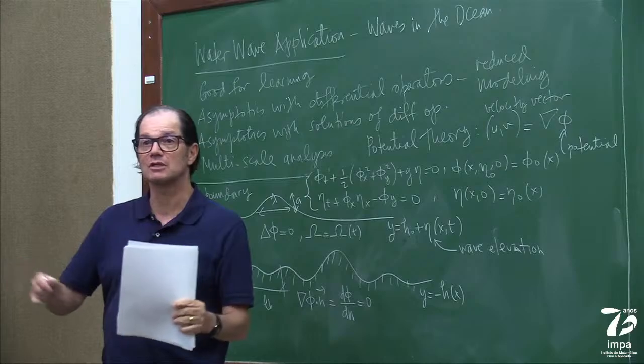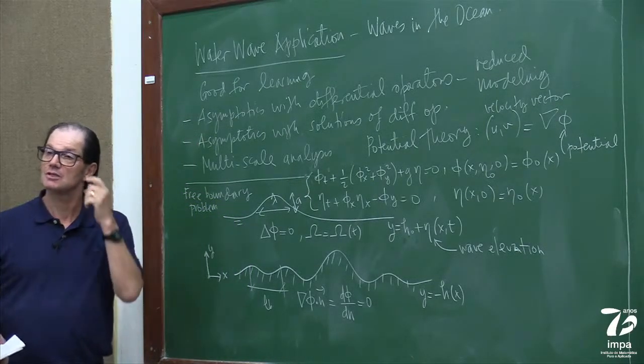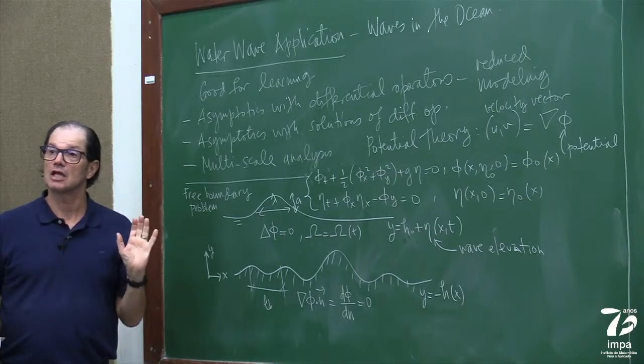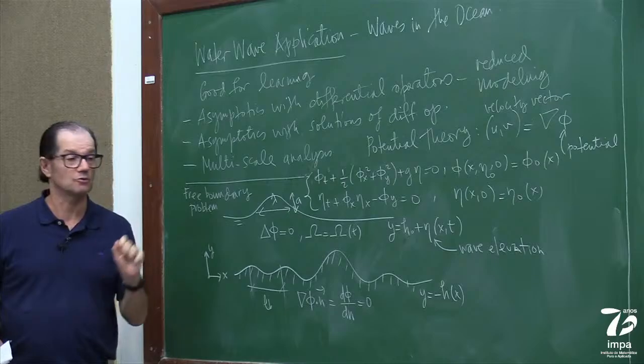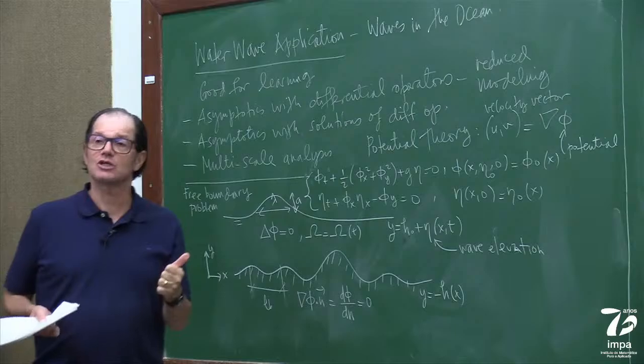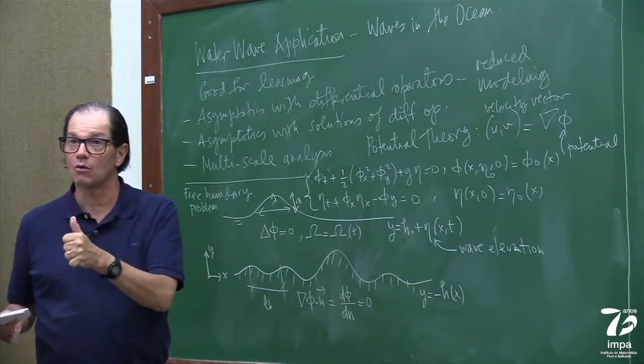parameters that control it, and I'm going to order these parameters in terms of epsilon, which is something us mathematicians like, right? Something that's small, we call it epsilon, order of epsilon. This is the first step, and that helps us to, in an educated way, know what's big and what's small.